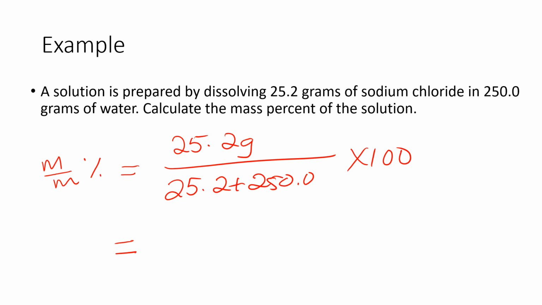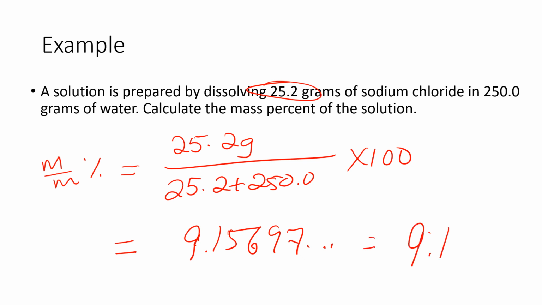Let's do 3 sig figs for this: 9.15697 and so on, so 9.16%. Pretty much that's all it is. You just got to be able to recognize what it is based on the question.